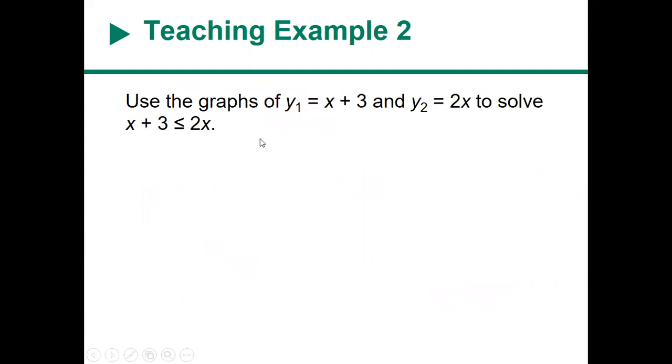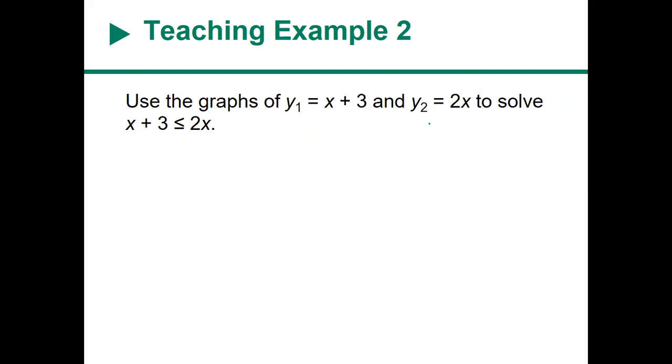Cool. All right, now we're gonna talk about graphing them. So how do you graph an inequality in the calculator? Well, I'm glad you asked. When graphing an inequality in the calculator, I have x plus 3 is greater than or equal to 2x.